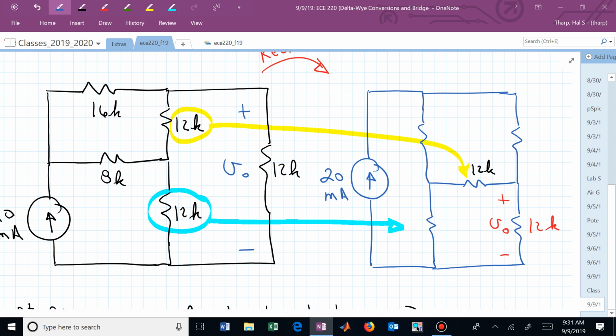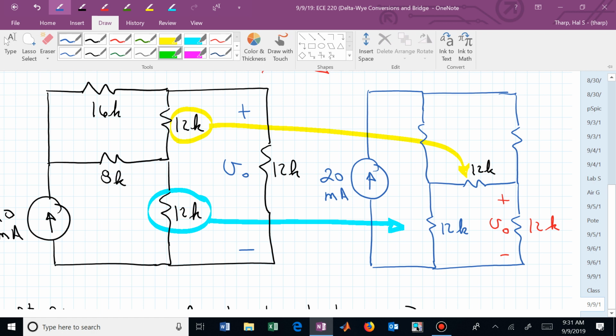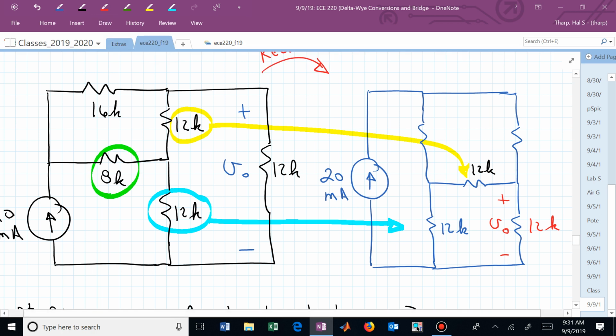It stayed put, in a sense. And now you just have to see what's left. That went there, and what's left is the 16K.